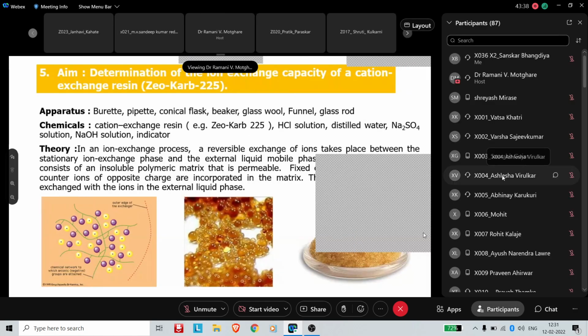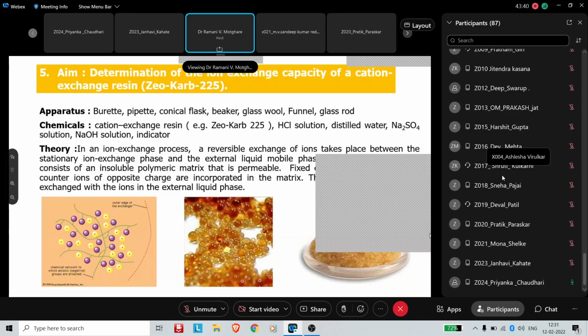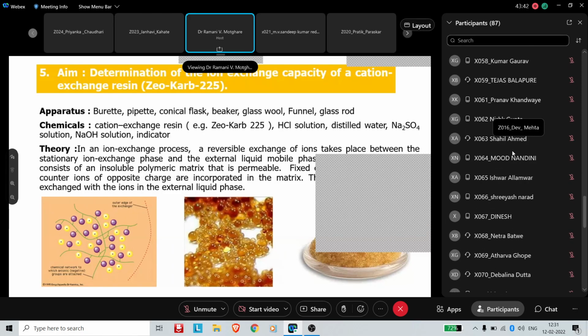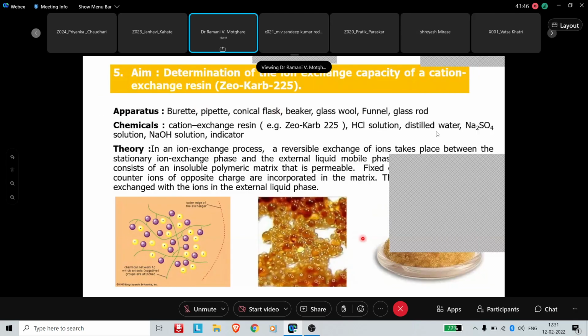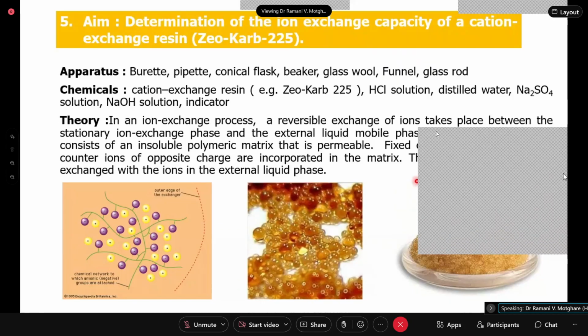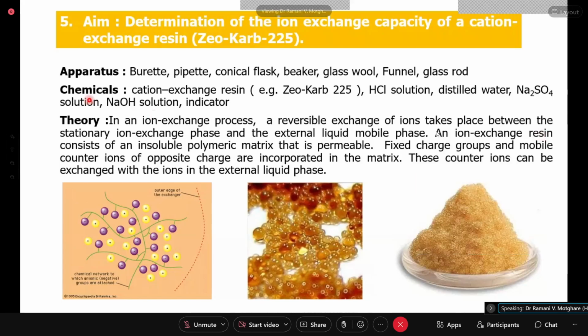24. Present, ma'am. Okay, so Z1 batch students, today we have discussed determination of ion exchange capacity of a cation exchanger resin, that is Zeocarb 225. Zeocarb 225 is the commercial name of this resin, and this is the ion exchange resin that you can see on the screen.